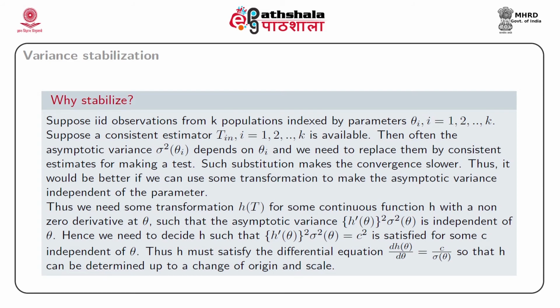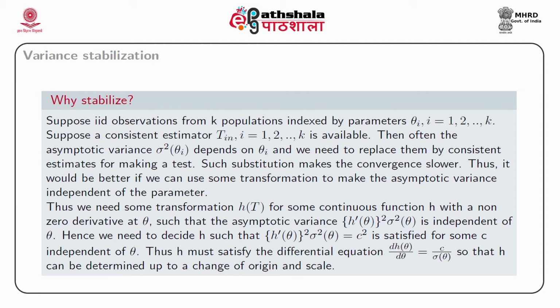Such substitution makes the convergence slower. Actually, in that case, we need asymptotic normality as well as convergence in probability for a consistent estimate of sigma square theta i. So, naturally, such substitution makes the convergence much slower.